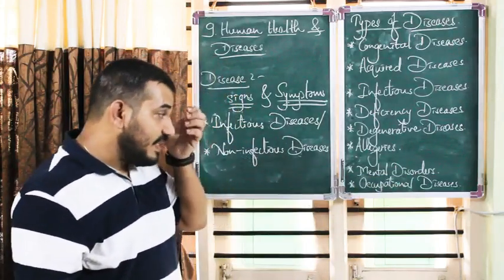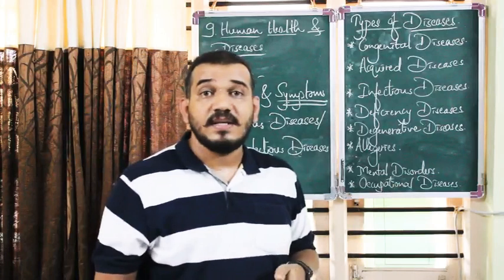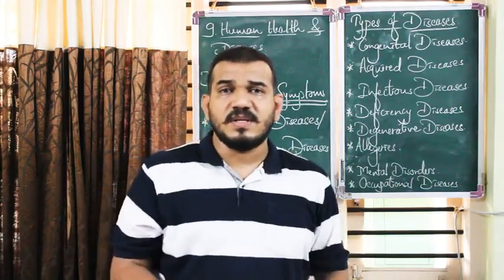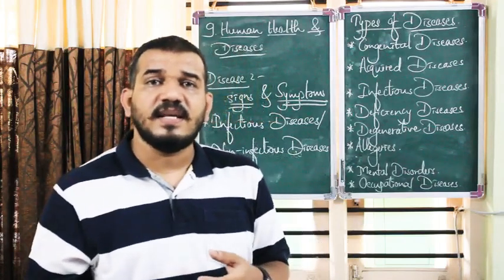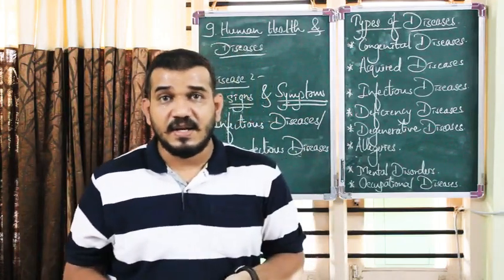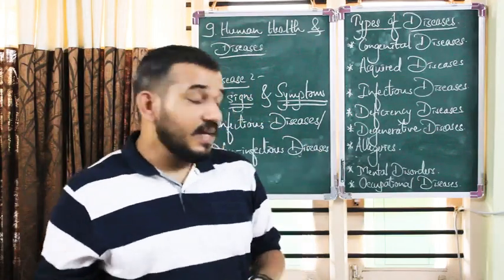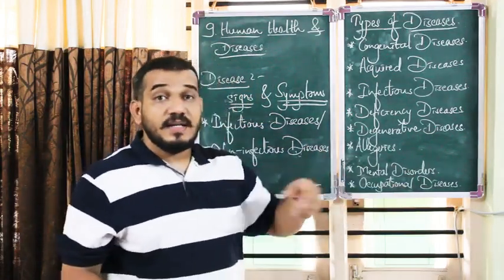Occupational diseases, the last kind we have noted here, is where the person is exposed to certain occupational hazards like dust particles in the mining industry or the road construction industry. They may suffer from asthma. Now these are occupational diseases.